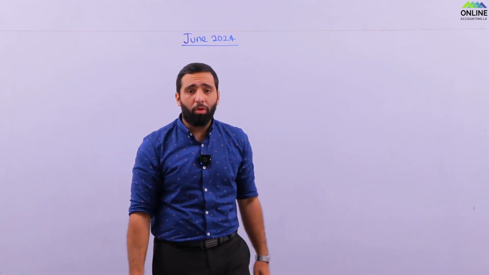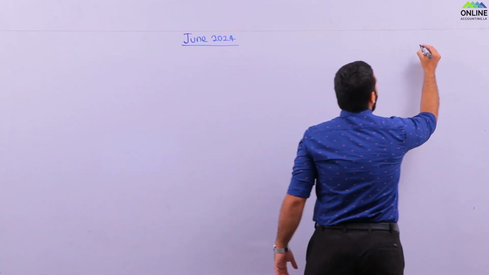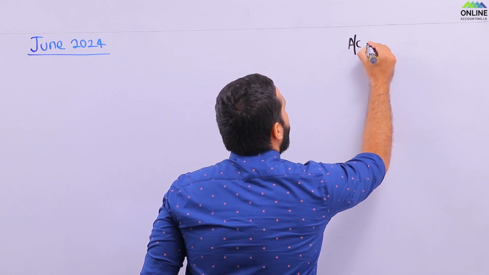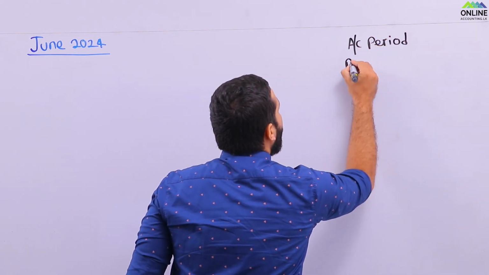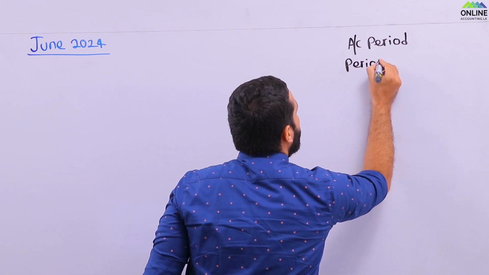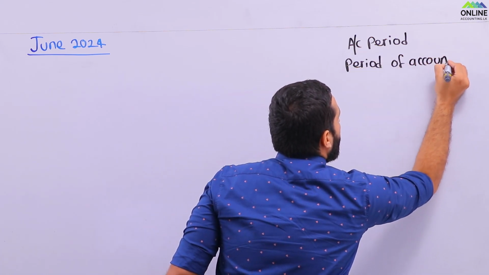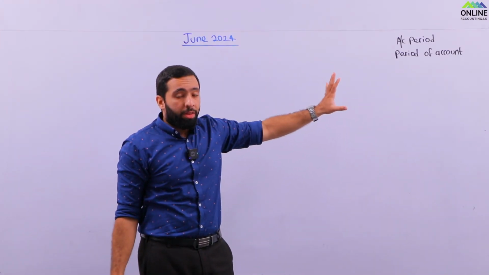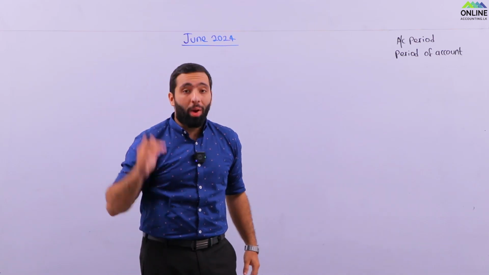Now you may be wondering, there are two things. First the accounting period, and then the period of account. These are two different concepts. The accounting period can never be more than 12 months.